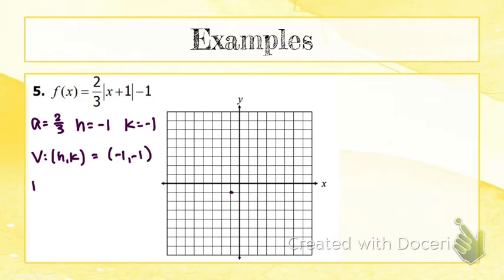And then our right slope is 2/3 and our left slope is -2/3. So I'm going to do the right slope first. It's rise over run, so you rise 2 and run 3. Rise 2, run 3. And these are symmetrical, so we're just going to go the opposite direction. Rise 2, run 3 the other way. And then draw in our arrows.